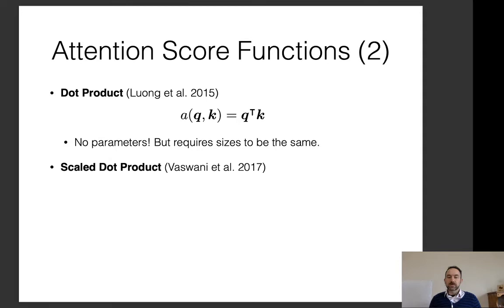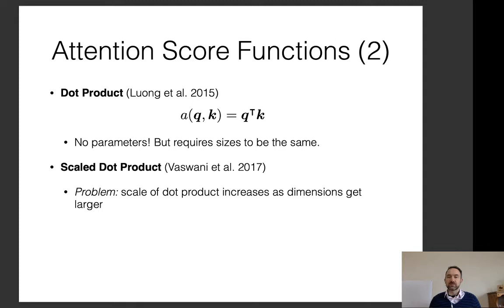And then there's also the scaled dot product function. One problem is that the scale or the variance of the dot product increases as dimensions get larger. So if you have Q and K of size 32, and then Q and K of size 64 or 128, the 64 and 128 values are going to have a larger variance, and this will cause the attention to grow more peaky and focus more on an individual word.